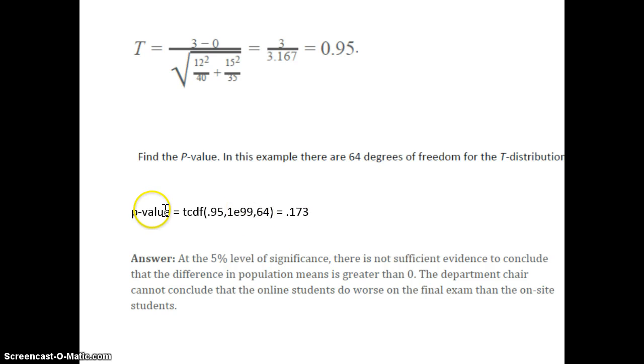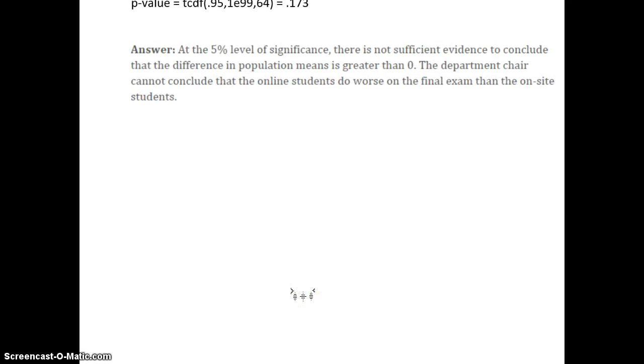That's higher than alpha, the significance level of 0.05. At the 5% level of significance, there is not enough evidence to conclude that the difference in population means is greater than 0. Therefore, the department chair cannot conclude that the online students do worse than the on-site students. And that is the end of Module 10.